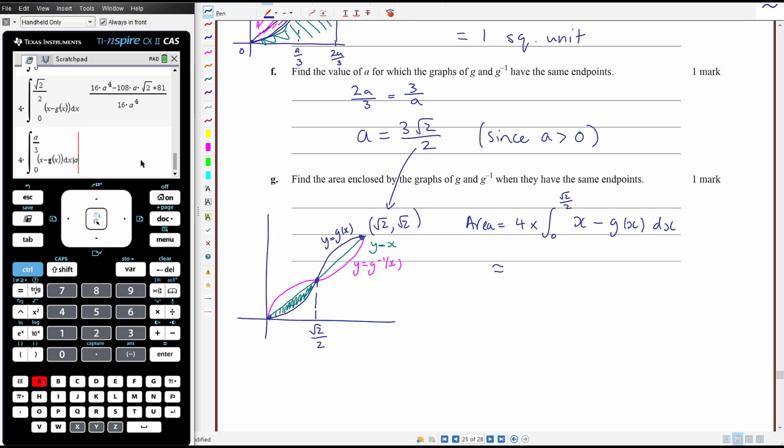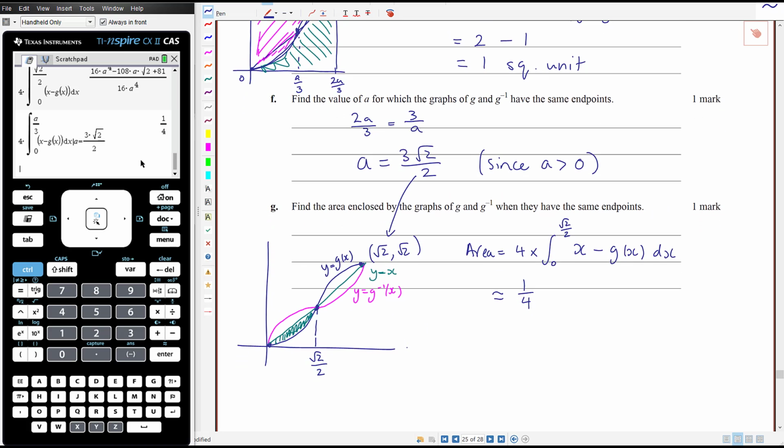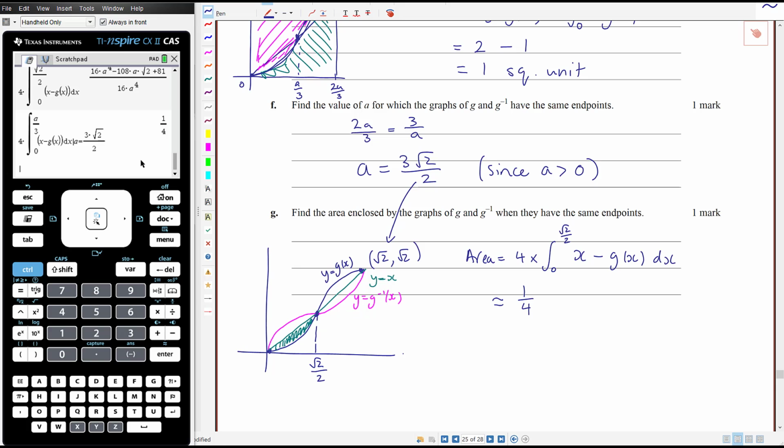I'm just trying to work out the quickest way to do it with my cards, given that a is equal to 3√2/2. There we go. So g(x) is now, yeah, you have to substitute a equals 3√2/2.